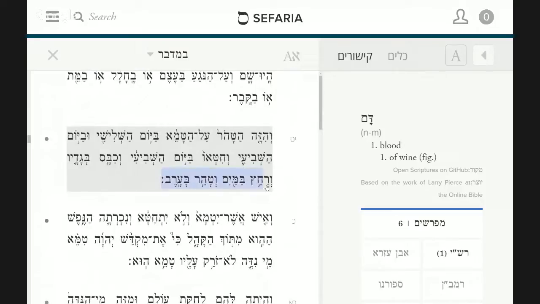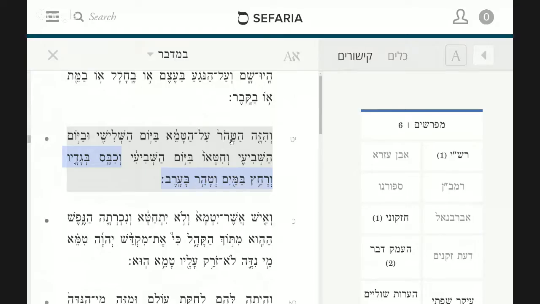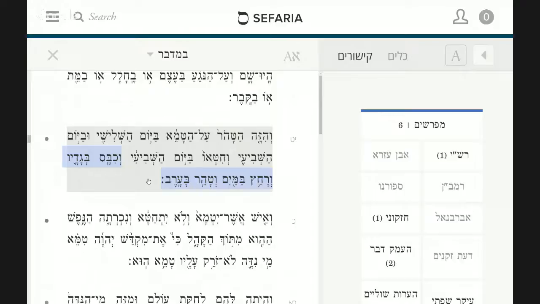So you're saying that this phrase, v'rachatz b'mayim, belongs to the tahor that's referred to here? It could belong to both of them. Well, you'd think it would be plural if that were the case. I think contextually it belongs to the one receiving the sprinkling. But it seems like I've heard the interpretation also referring to the one who's doing the sprinkling.